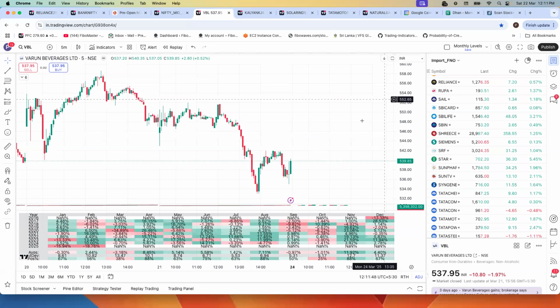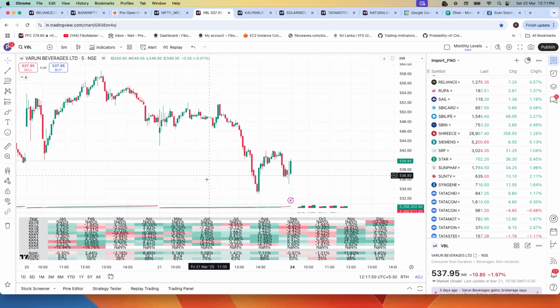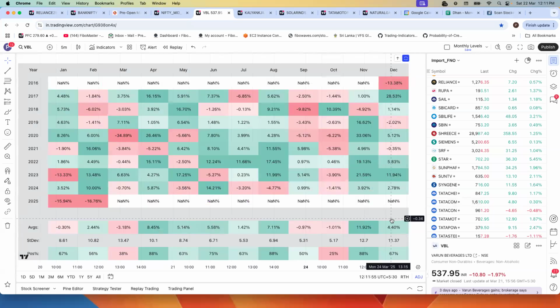We'll get the stocks related. You will get a seasonality matrix. This is the seasonal matrix for Varun Beverages. As Saujanya told, Varun Beverages has given maximum returns not in the month of April, but in the month of November.